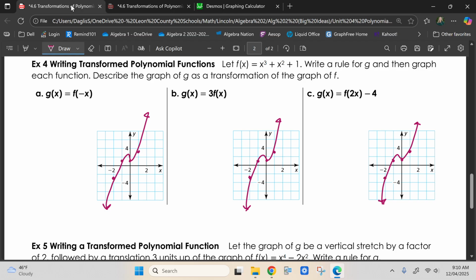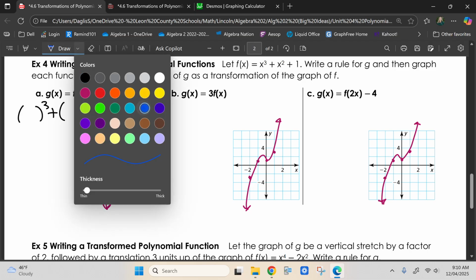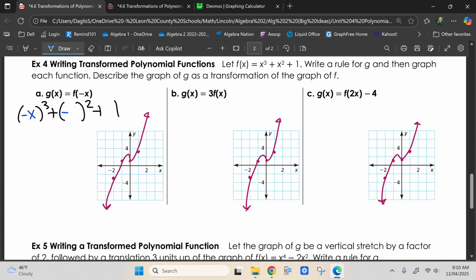Okay, so now we're going to transform each one differently. My first one wants me to do what to my function? All my x's are negative. So, literally, in my original equation, I had x cubed plus x squared plus 1, right? But not now, because now all my x's are negative x's.